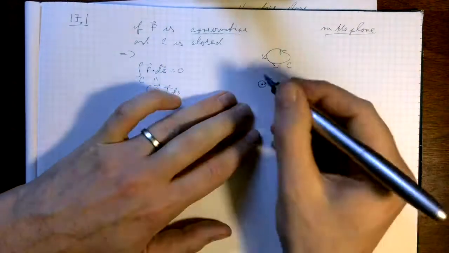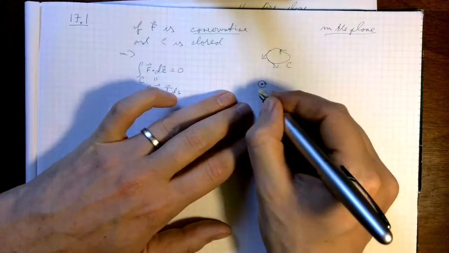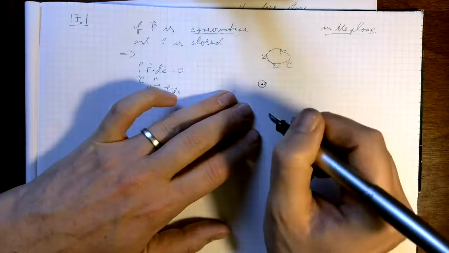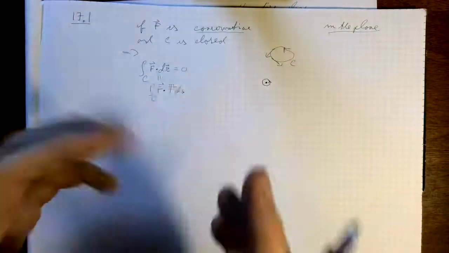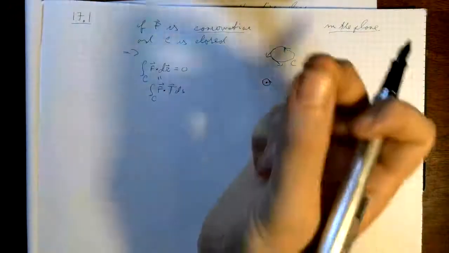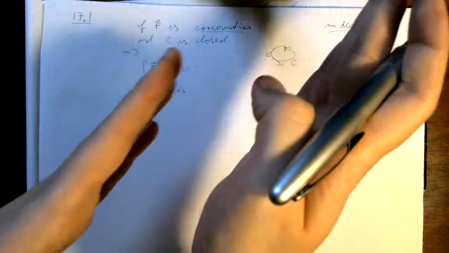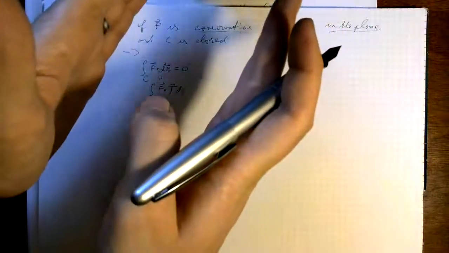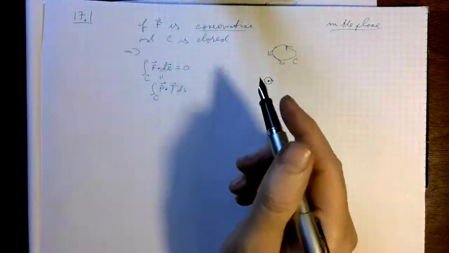I mentioned this last time. That's because if we look at a really tiny loop, you're basically looking at what the sides of the duck are doing. If one side is being pushed in a particular direction and the other side is being pushed in that same direction with the same force, for example, then it's not going to rotate.